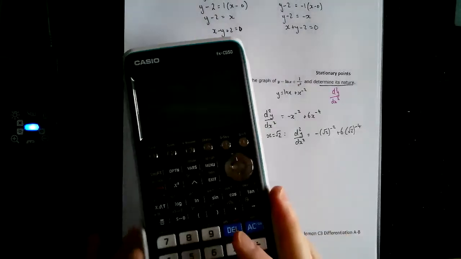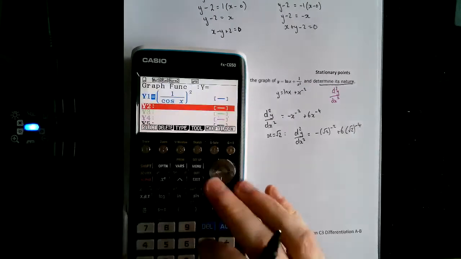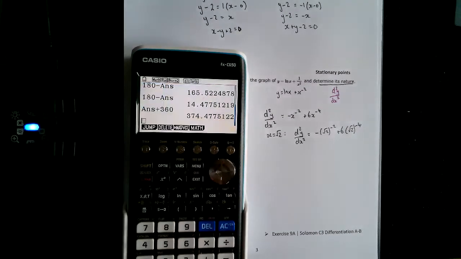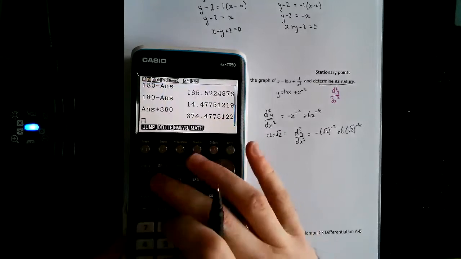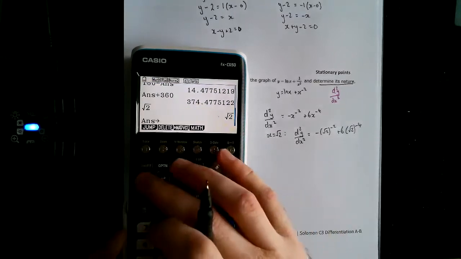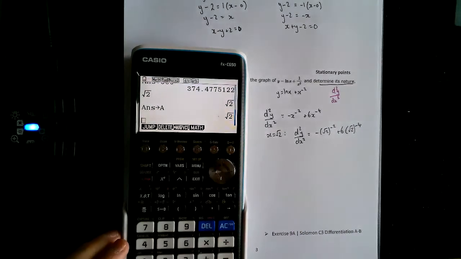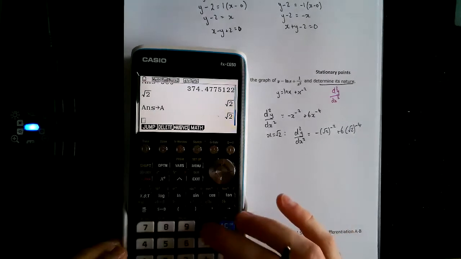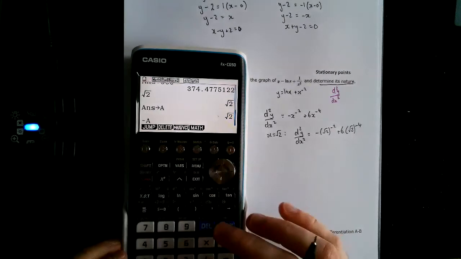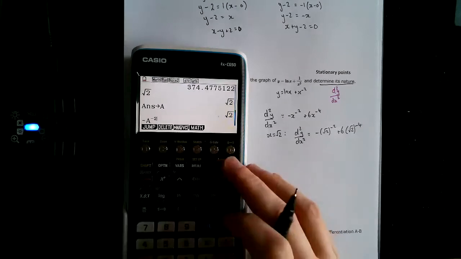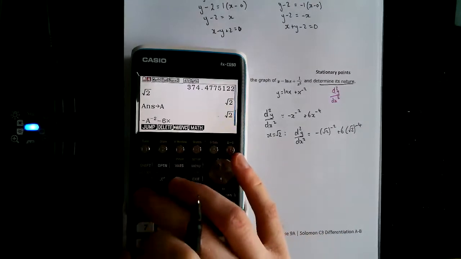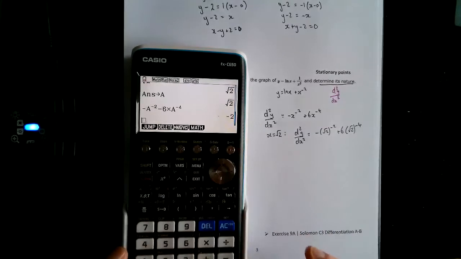Now I'm going to use my calculator because I'm half asleep. So we have root 2, and we'll store that as A. So I have minus A to the power minus 2 plus 6 times A to the power minus 4.